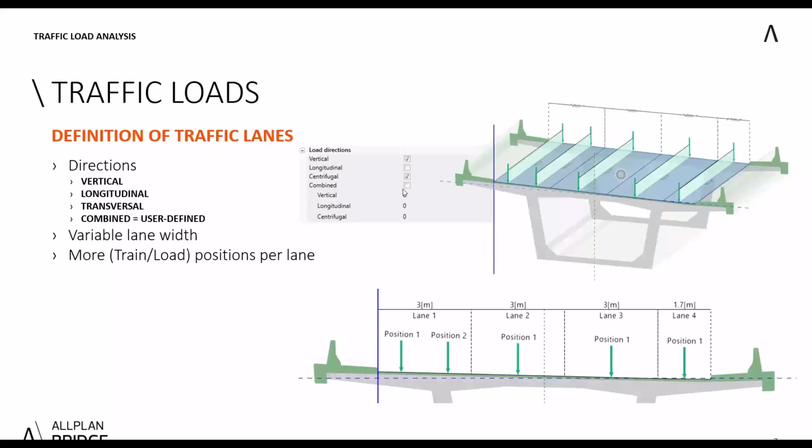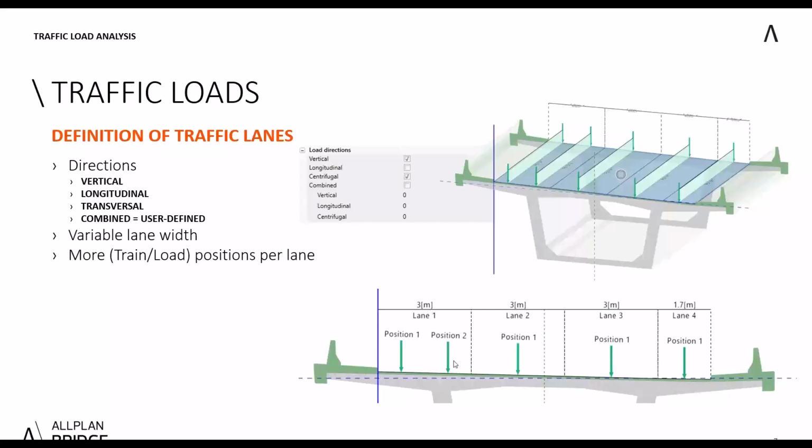Moreover, there is a combined way for defining the vector. Say you have some vertical load, 100%, and maybe a 10% centrifugal load. Then you can define here a vector with the intensity of 1 in the vertical direction and 0.1 in the centrifugal one, which means you have one resulting slightly inclined direction defined at once.